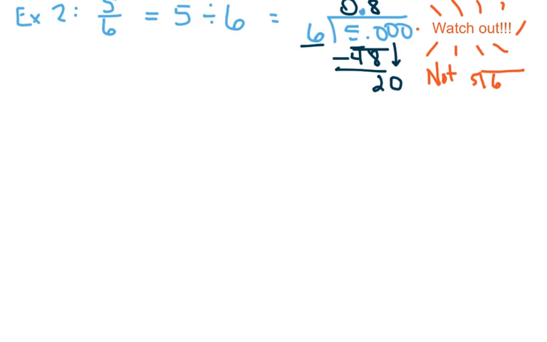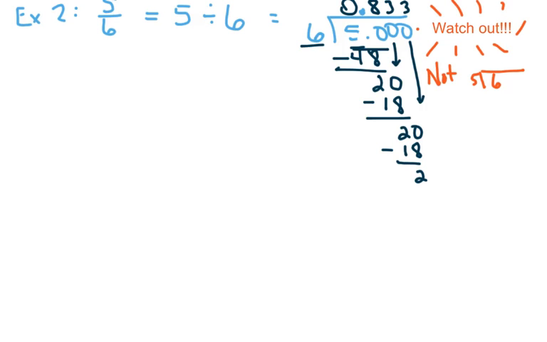How many times does 6 go into 20? 6 times 3 is 18, so we put an 18 down here after we put the 3 up top. 20 minus 18 is 2. Drop down the 0. Ask yourself, how many times does 6 go into 20? We just did that. That was 3. 3 times 6 is 18. Subtract. We get a 2.